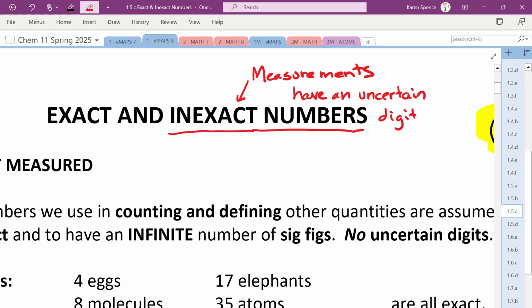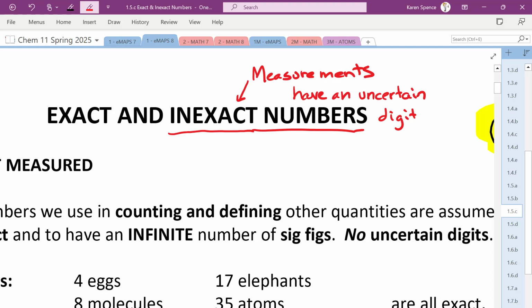Page 100, 100. Exact numbers are not measurements.